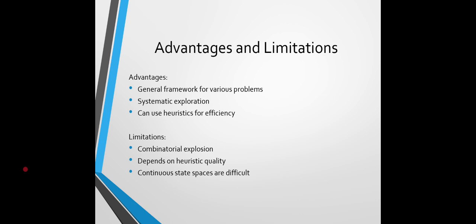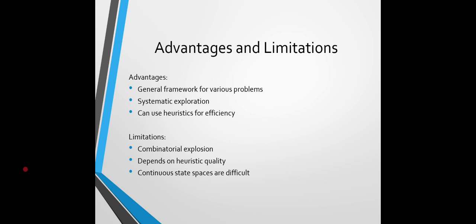The search provides a systematic exploration. Unlike trial and error, algorithms like A star ensure that a solution is found if one exists, giving reliability. Most importantly, it allows us to integrate heuristics. This informed guidance lets the AI focus its resources on promising paths, drastically cutting down the search time and making complex problems solvable in practice.